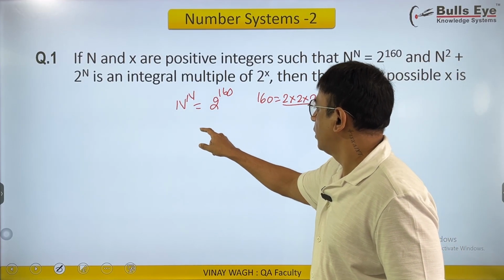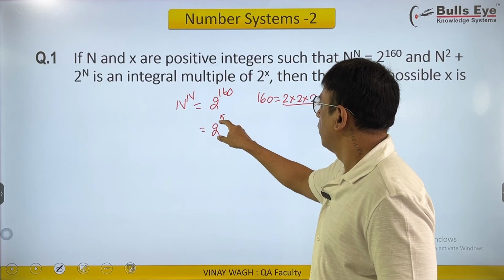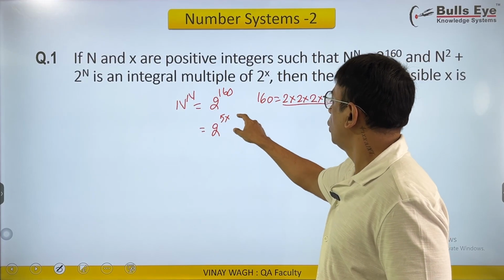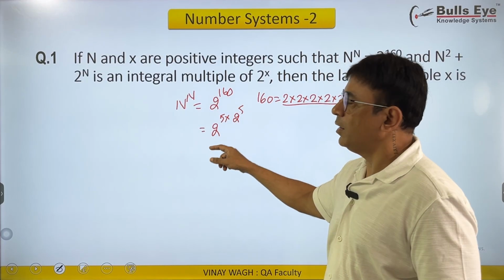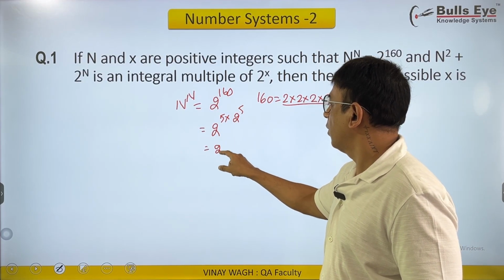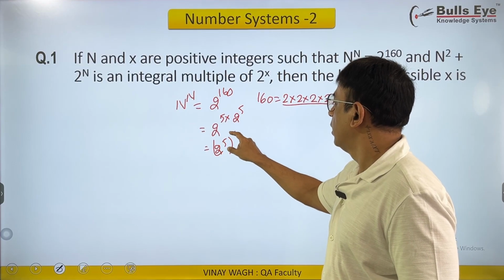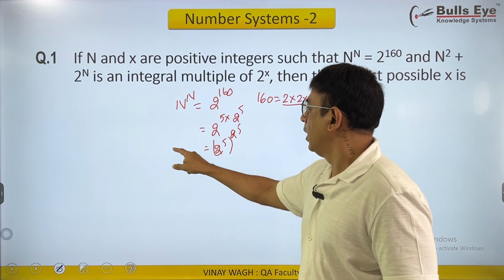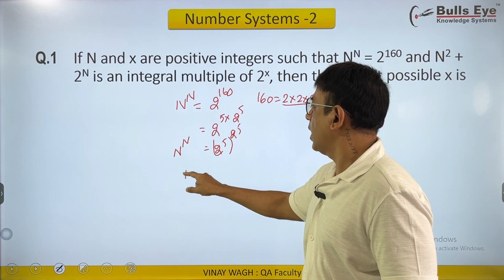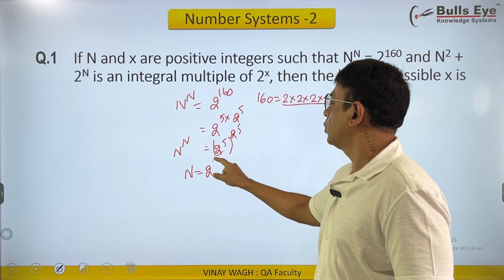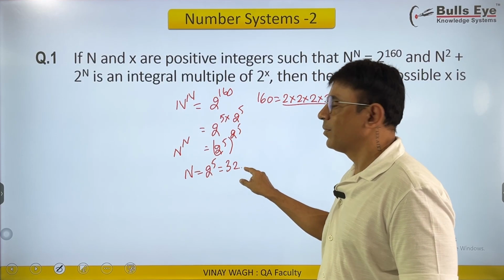So if we write this as 5 into 2 raised to 5 and then, using the basic laws of indices, write it as 2 raised to 5 raised to 2 raised to 5, you simply get the value of n as 2 raised to 5, and that's 32.